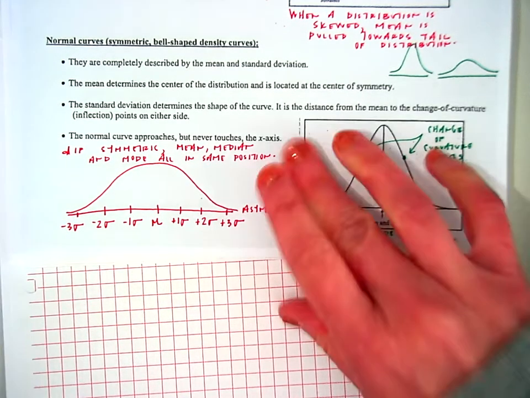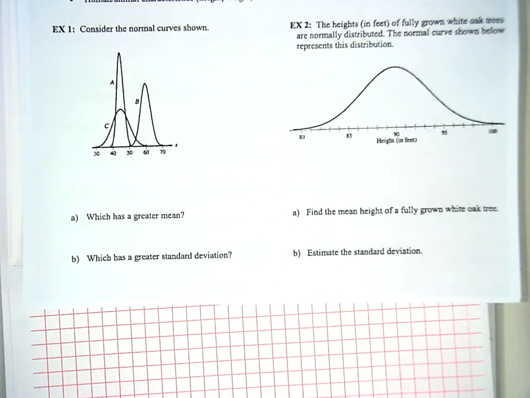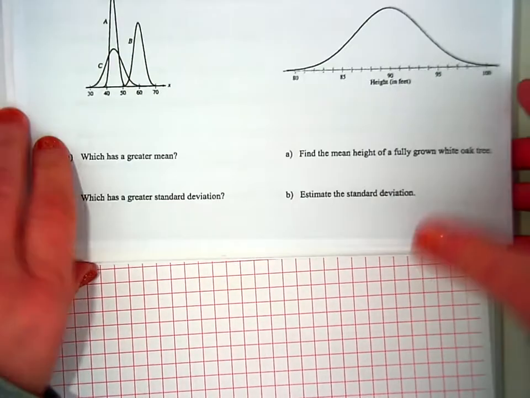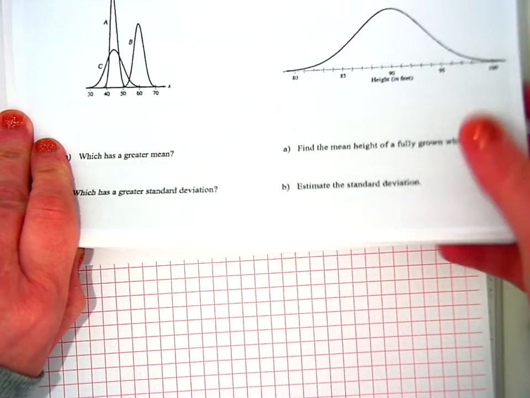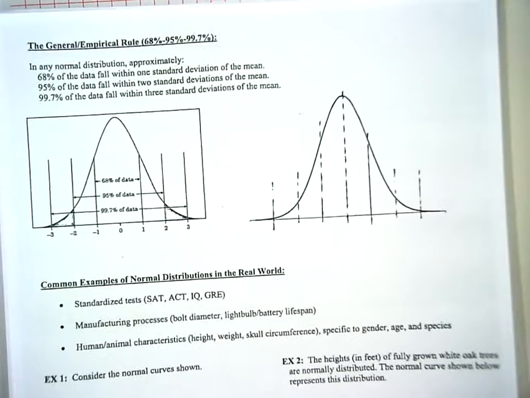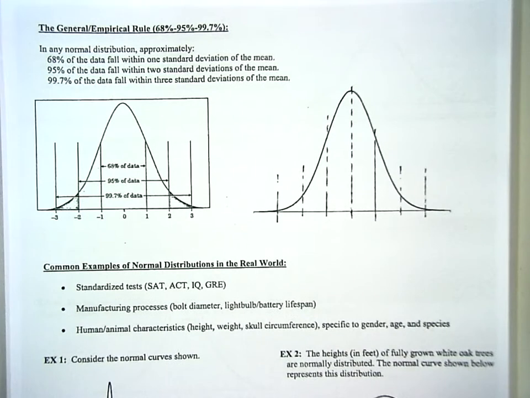All right, let's flip to the next sheet. Right here, we are looking at the general rule or the empirical rule, which we often just call the 68, 95, 99.7 rule.